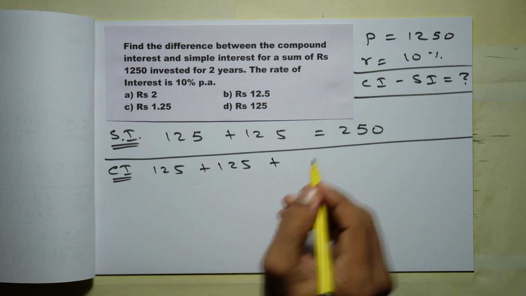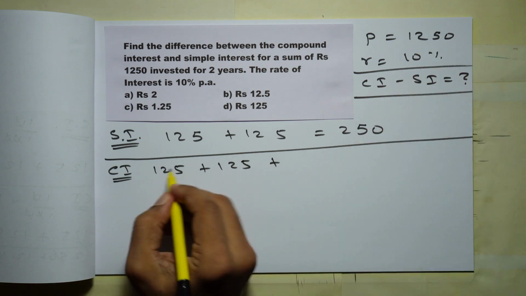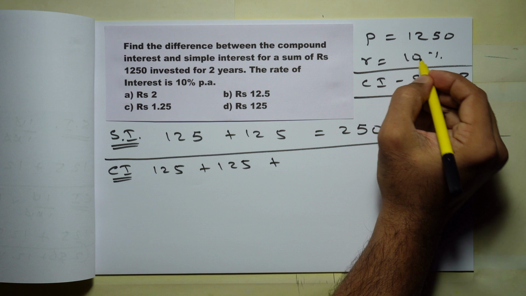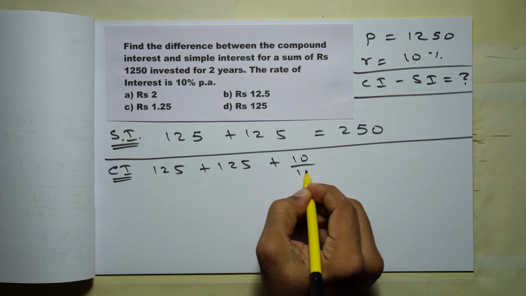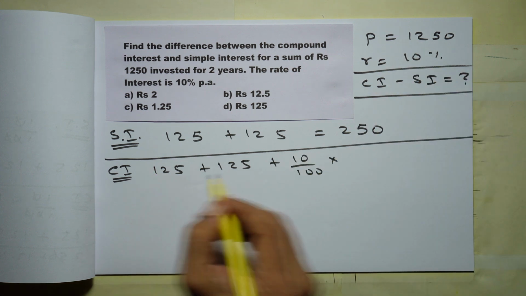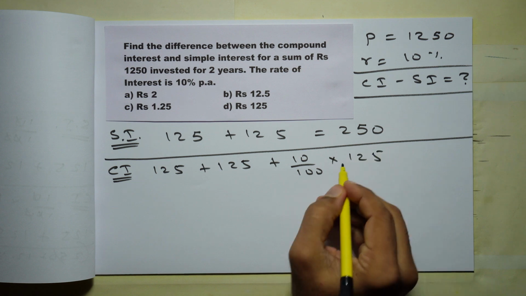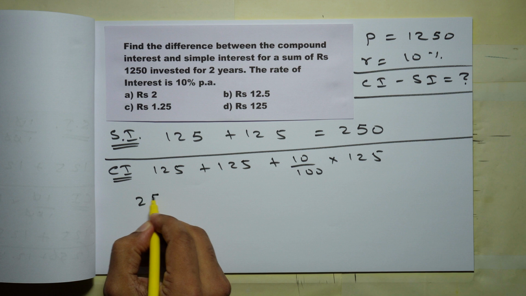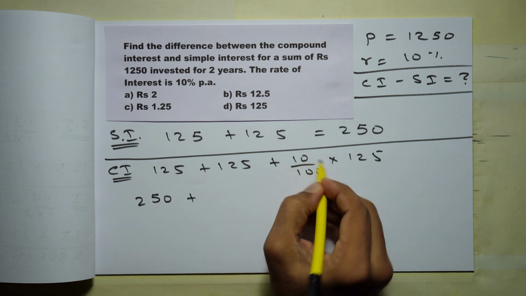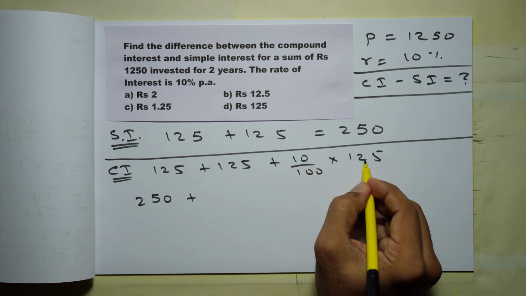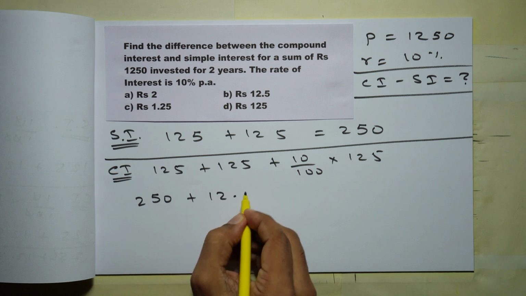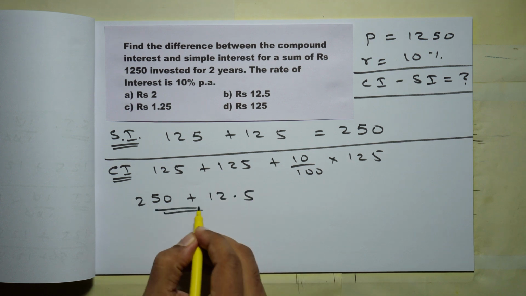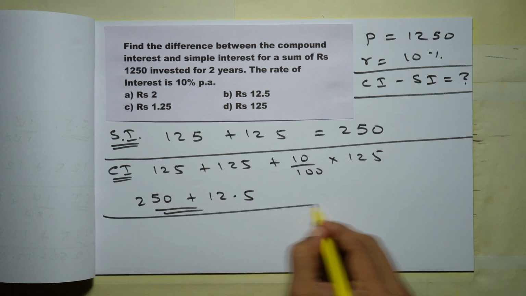And extra that you will be getting is R percentage of first year's interest. Rate of interest is 10%. So 10% of this 125 also you will be getting. So we'll just calculate. So 125 plus 125, that is 250, plus extra that you will be getting is 10% of 125. You will get extra 12.5. So this is the compound interest for 2 years.